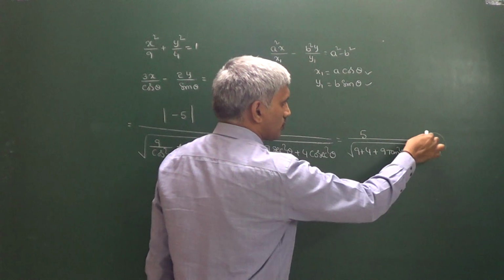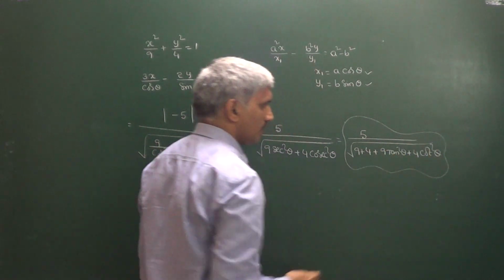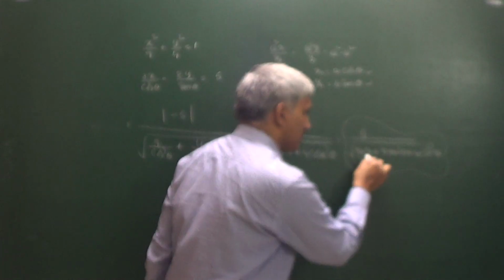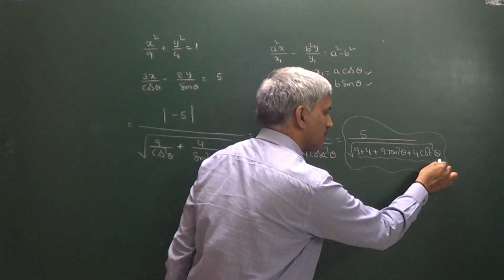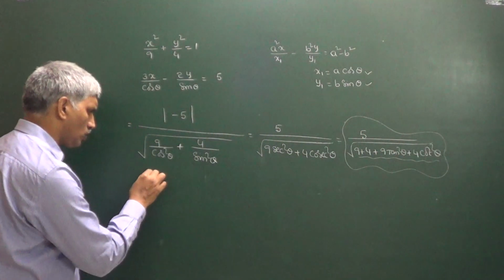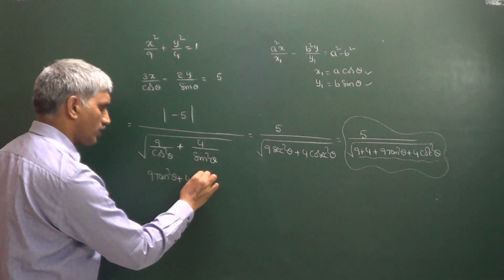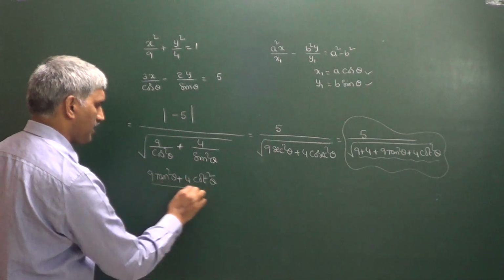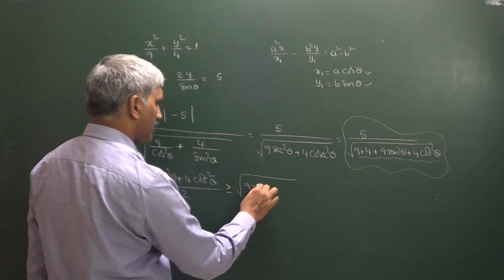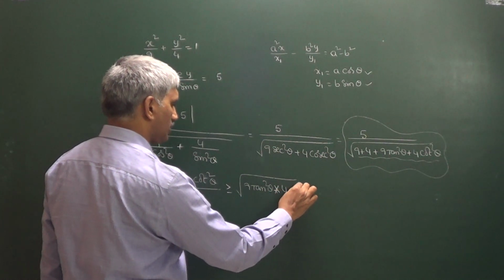Now we have to get this total value as a maximum. To get this total value as a maximum, the denominator must be minimum. If this value is a minimum, then the total value is going to be maximum. As you know, the arithmetic mean of 9 tan square theta and 4 cot square theta, that is, divided by 2, is always greater than or equal to the square root of 9 tan square theta into 4 cot square theta.